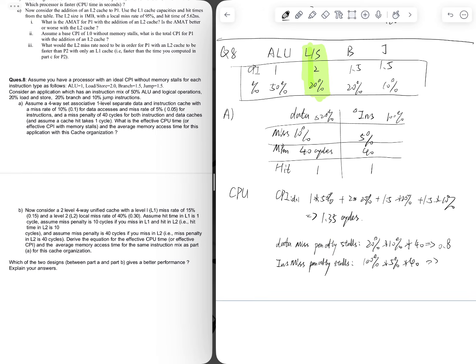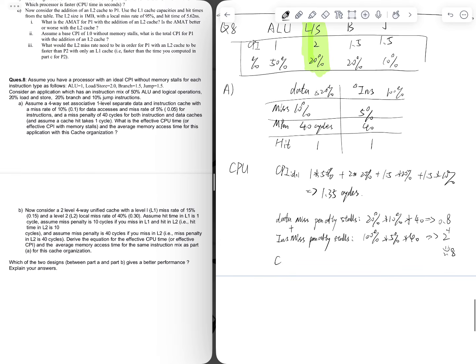So here it will give us 2. So the result is 2.8. That is the stalls when we have the misses.